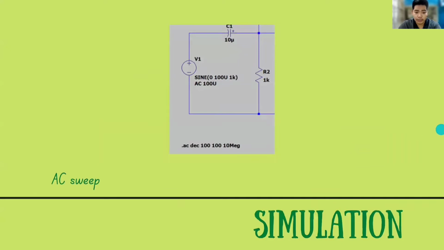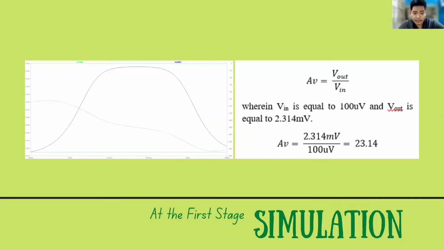Moving on to the simulation, the same idea applies here, wherein we get each stage's voltage gain, then multiply them to each other to get the total AV. By the way, we utilized AC sweeping for our schematics. We plotted V in and V out at the first stage to get the necessary values for the computation of voltage gain, which is 23.14.